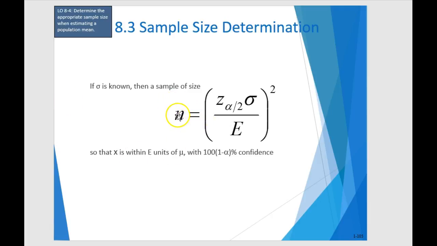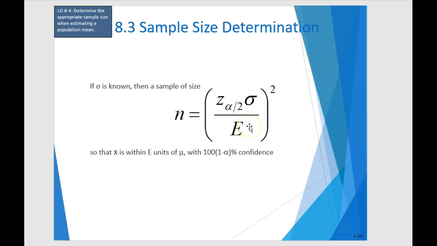We're just going to say n is equal to z of alpha half, so the z value for a certain confidence interval, times sigma, divided by e, which represents the number of units away from mu, and that whole thing is squared.